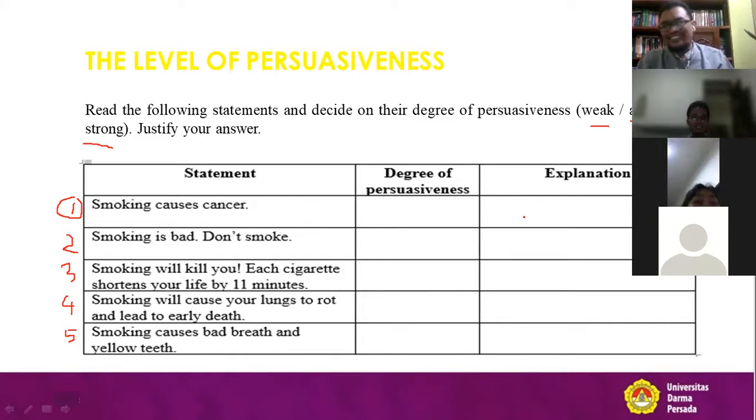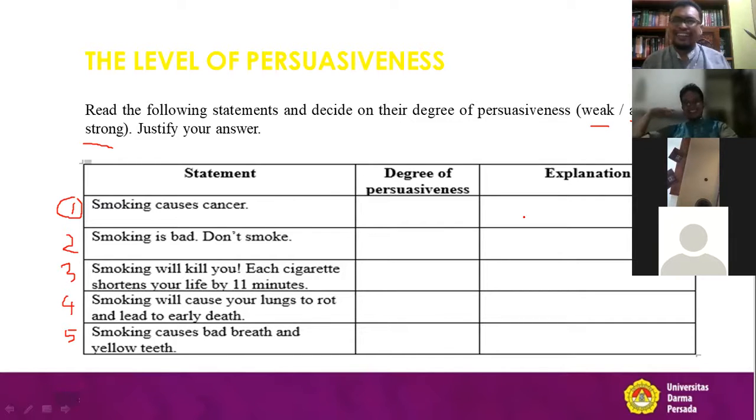It doesn't touch us, it doesn't move us, right? Not personal, no emotion. Just logical persuasion. Smoking causes cancer is very common. All people know about that. And if you say smoking causes cancer, yeah, so what? Yes, so what, right?